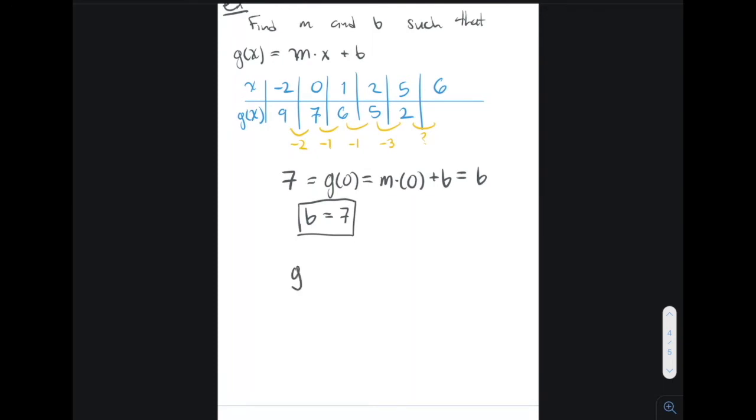Now again, we've said that m is slope, and before we found what we believed to be a slope of negative 1, we could just use that. But let's look at a different method. We know that g of 1 equals 6 from the table, and from our formula m times 1 plus b would also equal g of 1. If we plug in our value of b, which we found to be 7, then we get that 6 equals m plus 7.